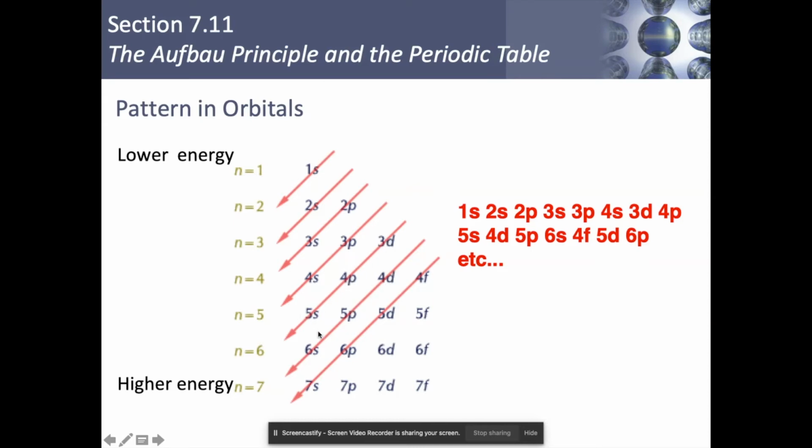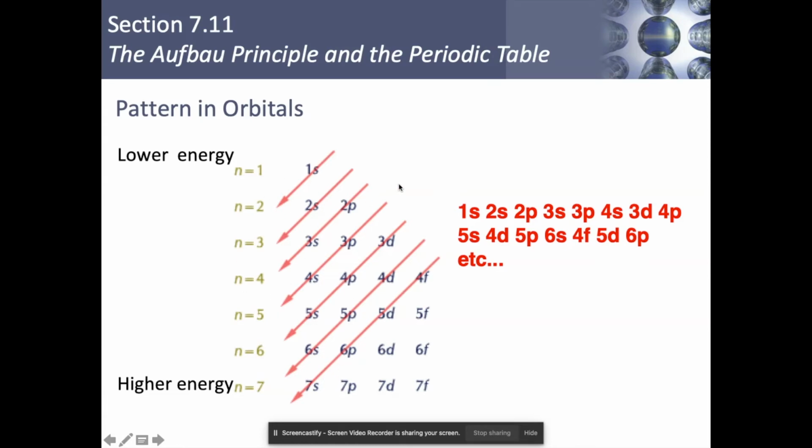And you basically follow the arrows as you go through all the way until you get to 7f, okay? And so these little arrows are the way that you remember what order you're supposed to put these in from lowest energy to highest energy, okay? I know that sounded probably a little bit complicated, but this diagram is a fantastic summary of that.